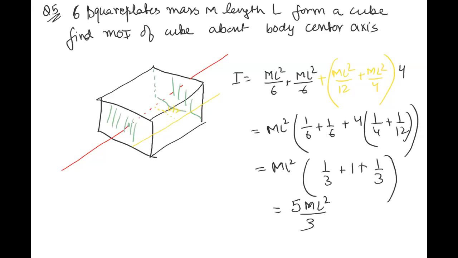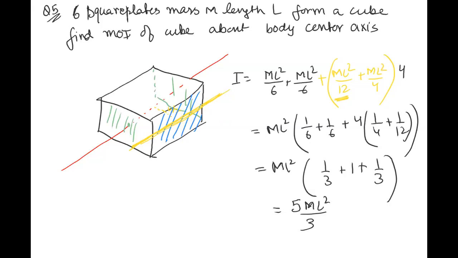So if you are agreeing with this, then what can you tell me about the moment of inertia of this blue face? The moment of inertia of this blue face about this yellow axis will be equal to ml square by 12 from the perpendicular axis theorem, because the blue face will have a moment of inertia of ml square by 6 about this axis. And then I just apply the perpendicular axis theorem to find the moment of inertia about this yellow axis, and I will get ml square by 12.